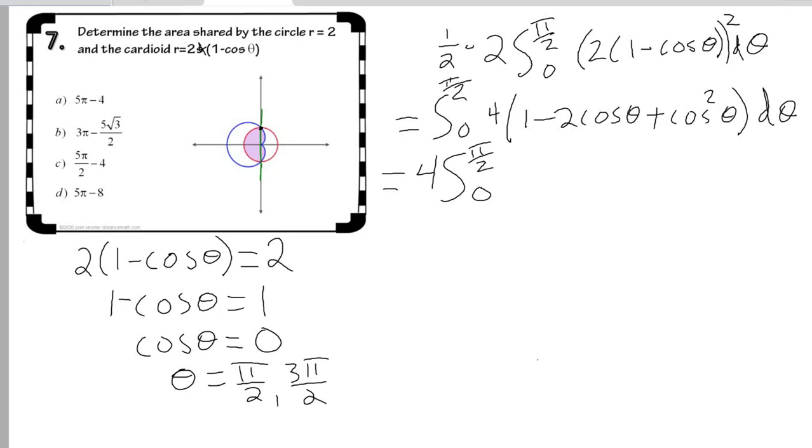And then we need to do basically the same thing that we talked about before, but with our cosine squared this time. And remember, the only difference between our sine squared and our cosine squared is the sign, S-I-G-N, the positives and negatives. So we're going to have 1 minus 2 cosine theta plus, again, 1/2 plus 1/2 cosine 2 theta.